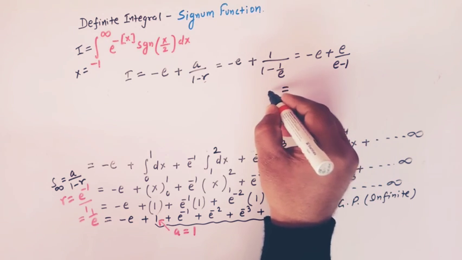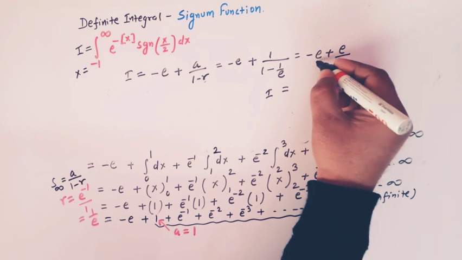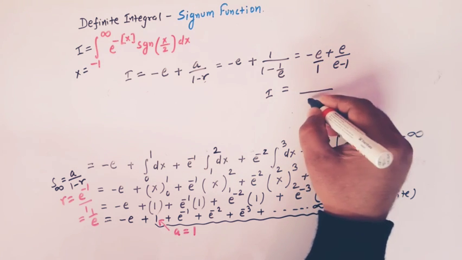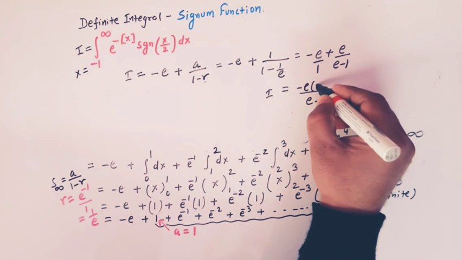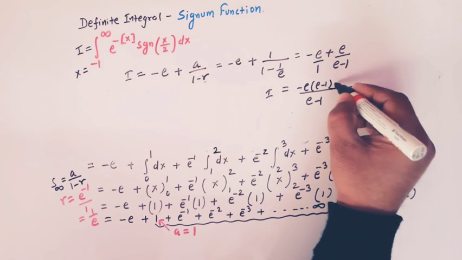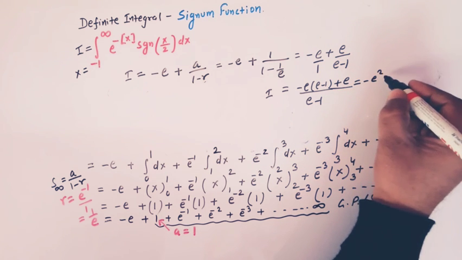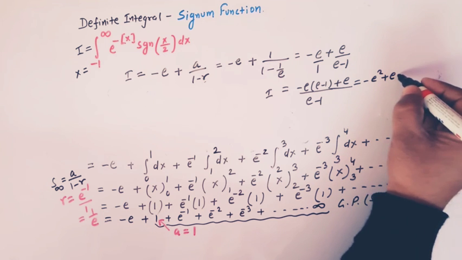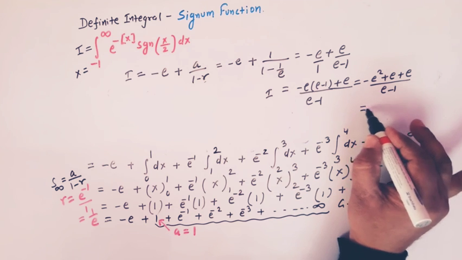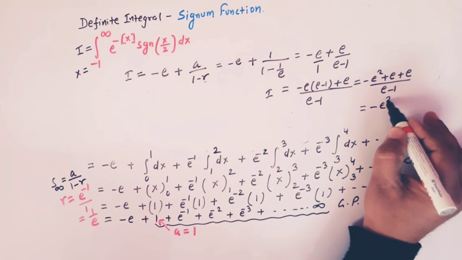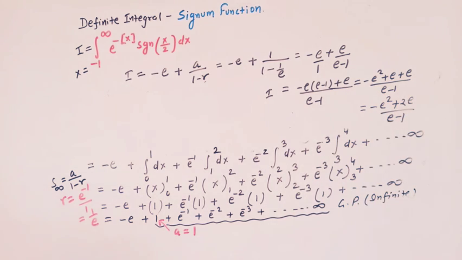So now we can further simplify it by taking the LCM. So we have e minus 1 here, and we have minus e times e minus 1 plus e, right? So now this is minus e square plus e over e minus 1, right?